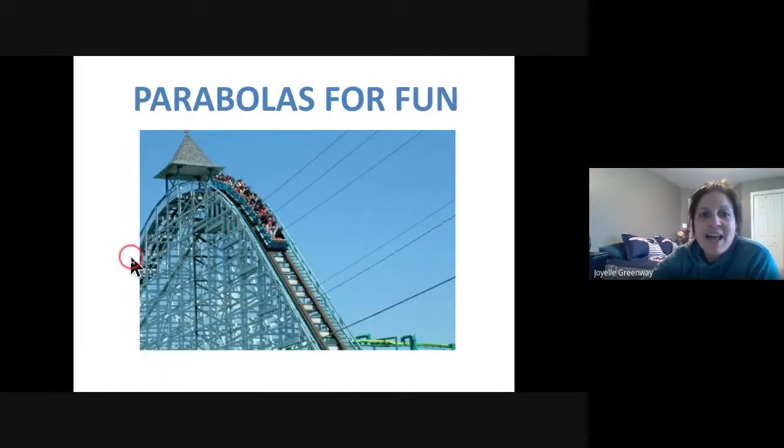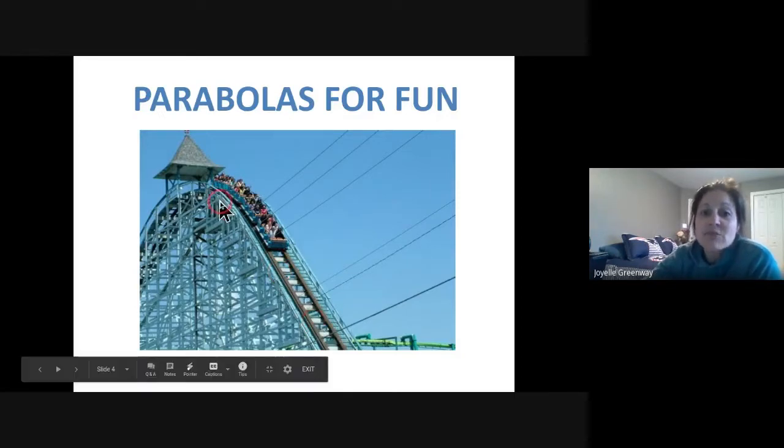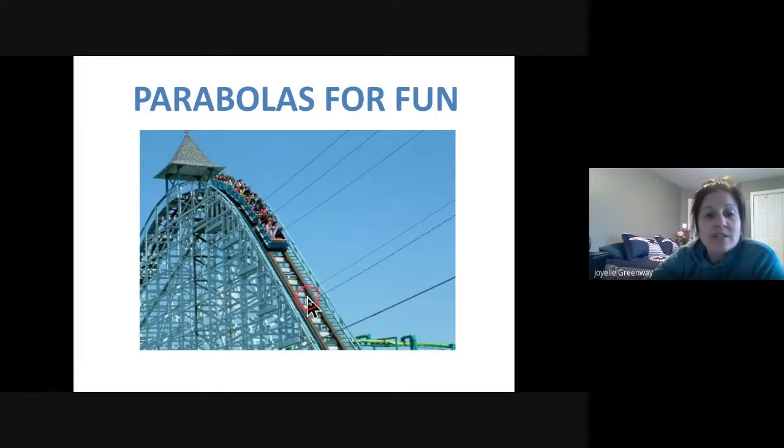Parabolas for fun. When you go on roller coasters, this is the shape of a parabola. There's actually a ton of algebra that goes into designing theme parks, and especially roller coasters. There's a lot of science and there's a ton of math. So roller coasters are in the shapes of parabolas.